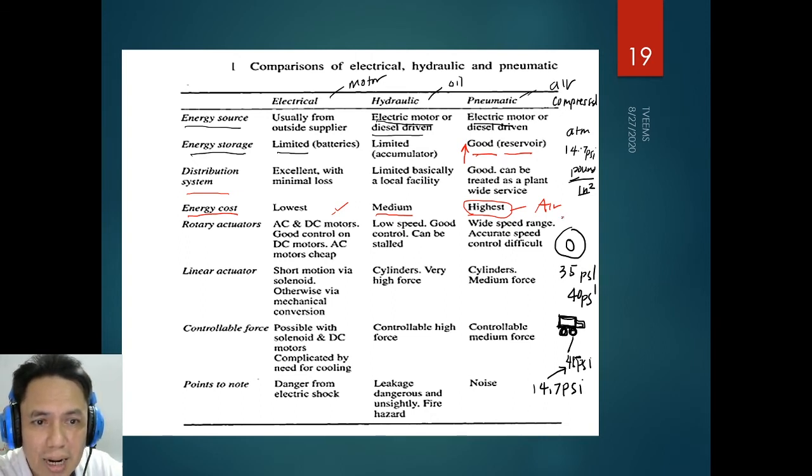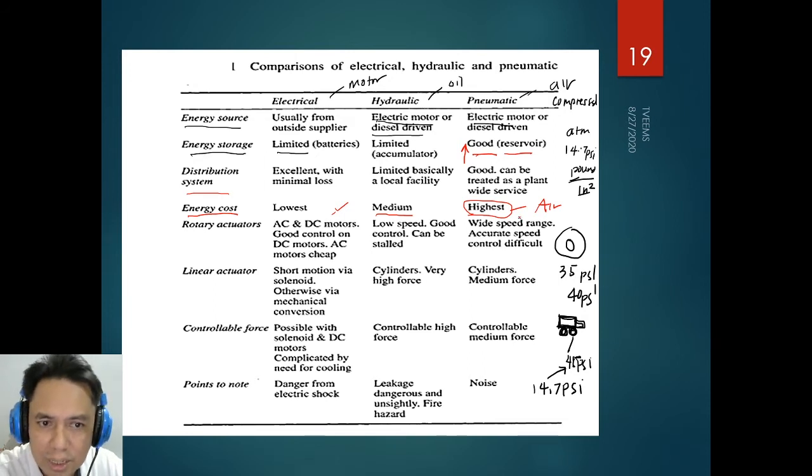So you cannot push air at a very low pressure, like atmospheric pressure, into the tank which has a higher pressure. It will just be purged or kicked out. That's why it is the highest among the three in energy cost.